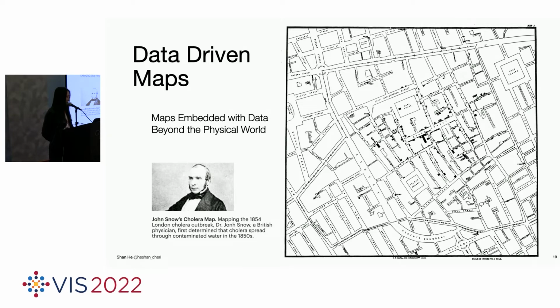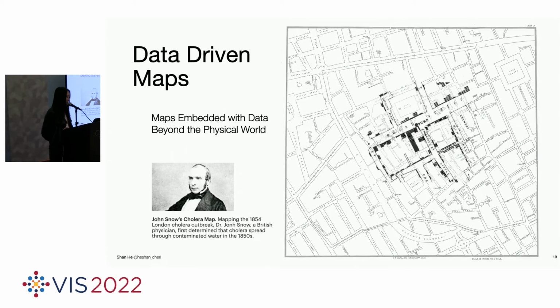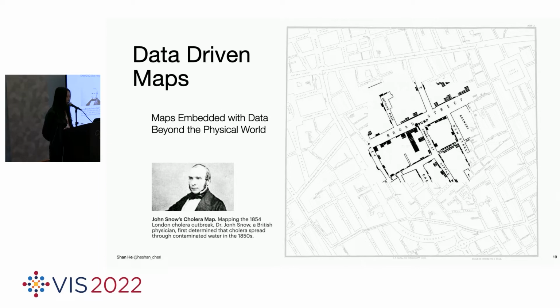This one shows how, during the time of the cholera outbreak, John Snow went through each building and counted the number of people that actually died in that household, and he was able to locate one pump in the middle of the street that was infested with the virus. He was able to locate the pump by just looking at the aggregated people that died near the houses near this pump. So this is a very straightforward example of using symbols to represent abstract data inputs.